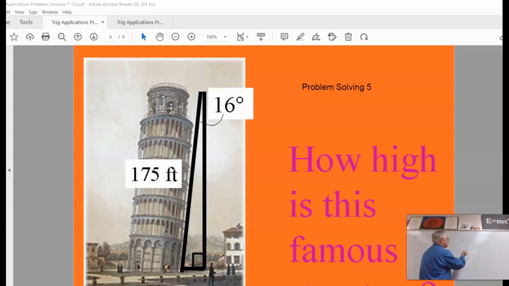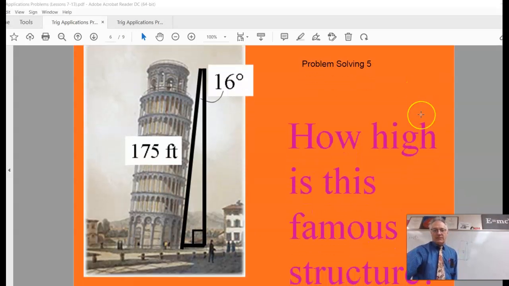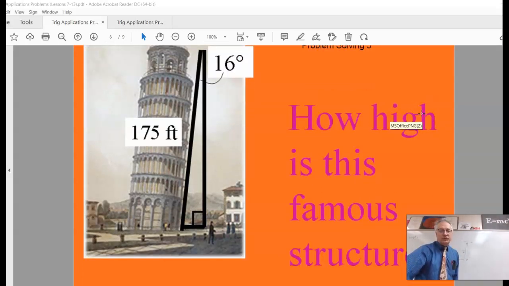And they're telling us that this is 175 feet. They want to know how high this famous structure is. Actually, according to this diagram, I wonder if they mean that this is 175 feet, and they want us to get this distance here.